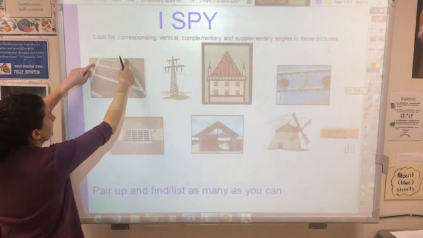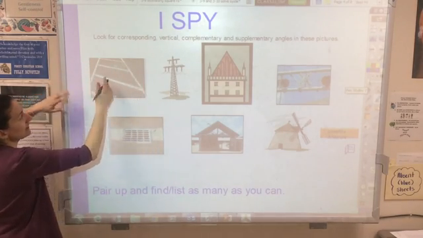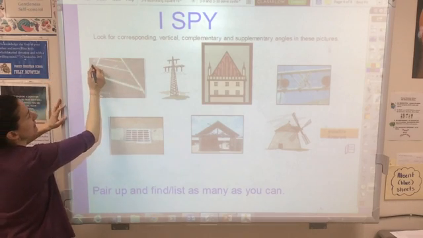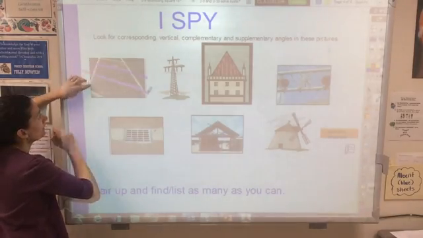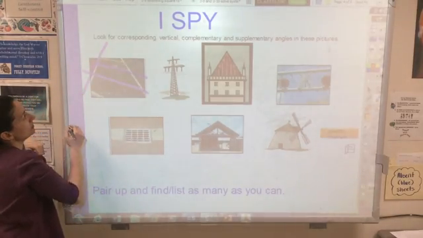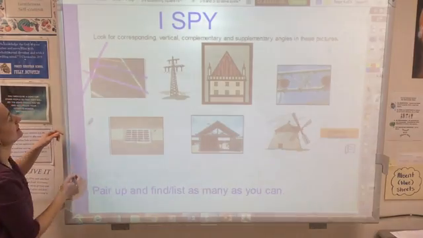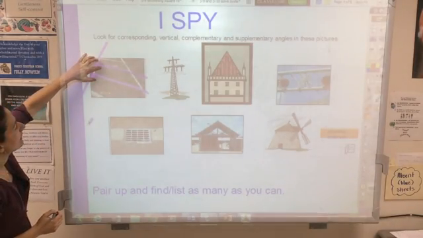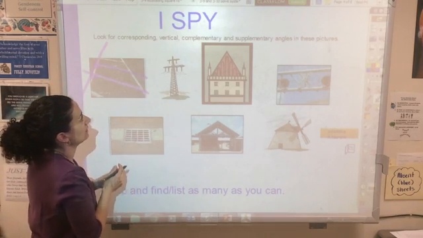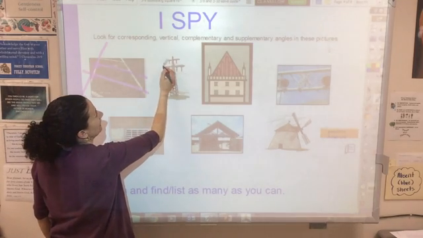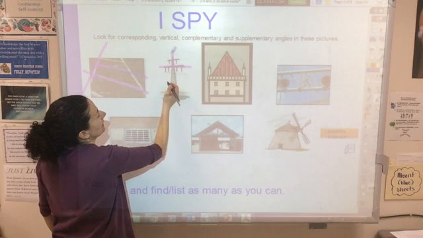Okay, well, here in these lines, you can see these are parallel lines. Kind of hard to tell. It looks like they're going to intersect. There's parallel lines. So that means this is a transversal. And that means that this angle and this angle are corresponding. See that? They're corresponding angles. In this diagram here, there's lots of different things. You might have noticed this line and this line.